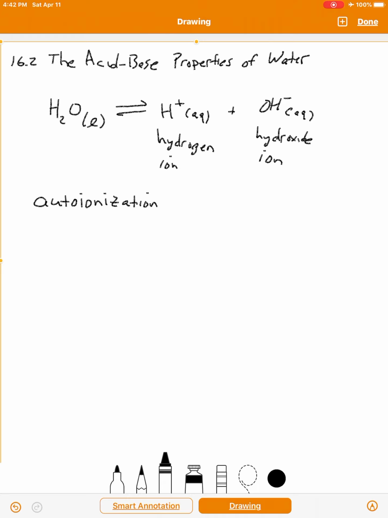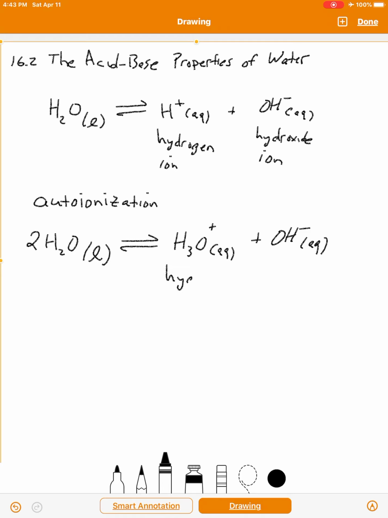ions. Now, from the perspective of Bronsted-Lowry acid-base chemistry, we talked about that in section 1, perhaps a better way to write this would be to think that there are two water molecules reacting with each other, and that one of the water molecules is transferring or donating an H plus ion to the other water molecule to form the hydronium ion and the hydroxide ion.